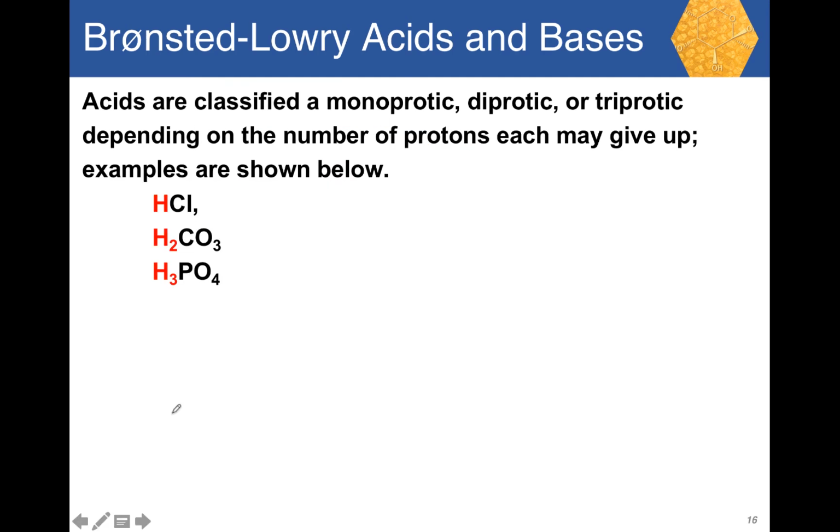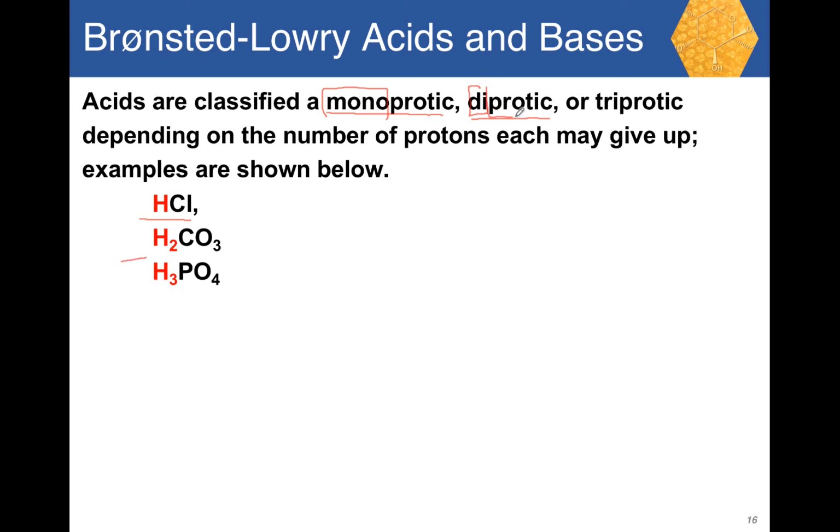So let us look here at classifications of acids. Conclusion: acids can be monoprotic, as you can imagine. Mono here means one. HCl is a classic example. One hydrogen. Acids can be diprotic. Di here means two. And here's an example, H2.